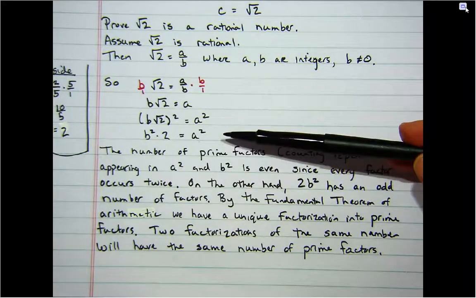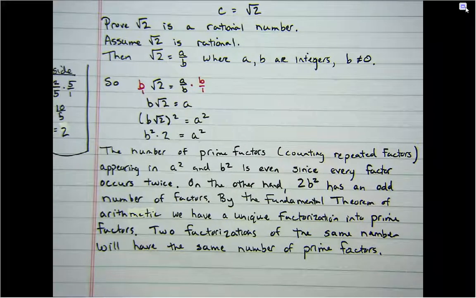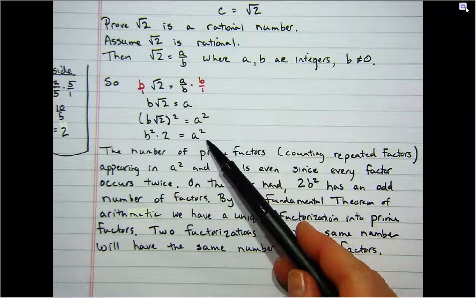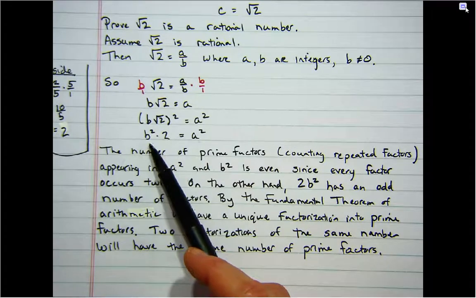So if a squared is equivalent to 2 times b squared, the prime factorization will be the same for both. So there shouldn't be an even number of factors on one side when we factor a squared, and an odd number of factors on the other side when you factor b squared times 2.